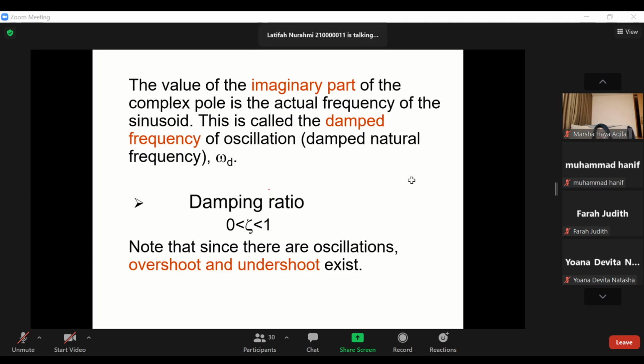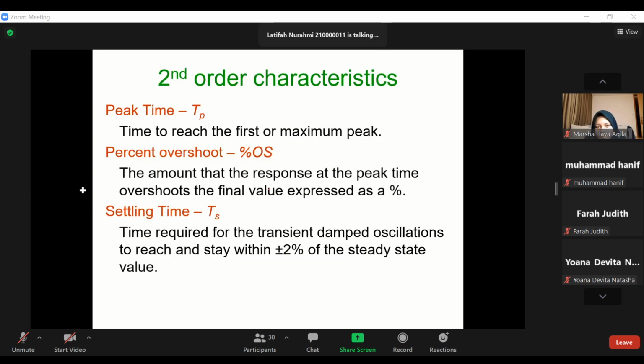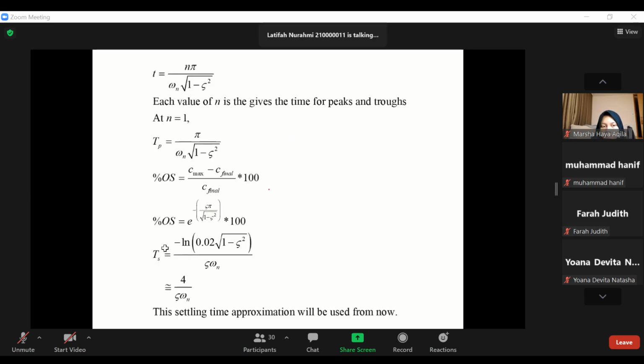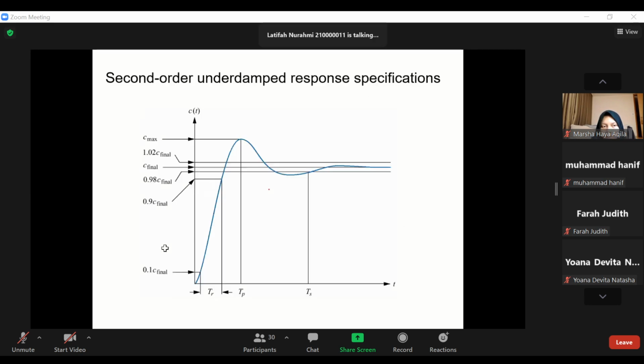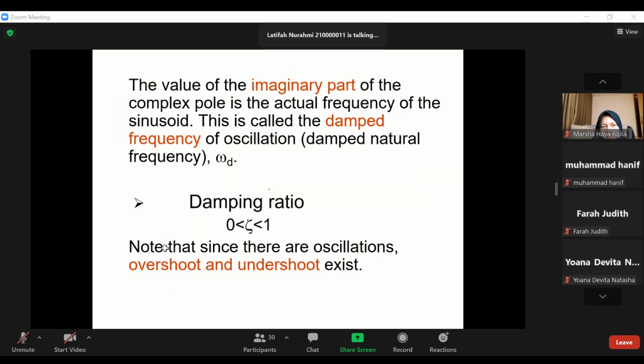Next week on Monday we will learn more properties: settling time, peak time, what overshoot is, what it means, how to find it, and so on. We'll learn this on Monday, and we'll stop here for the second order system.